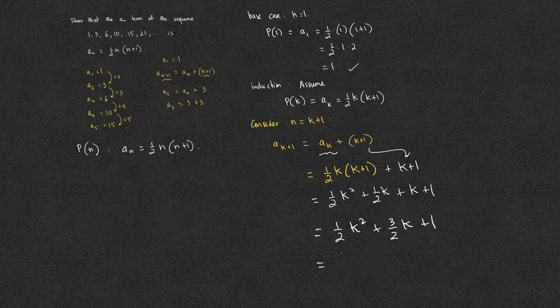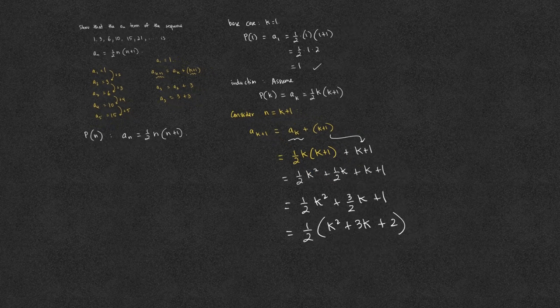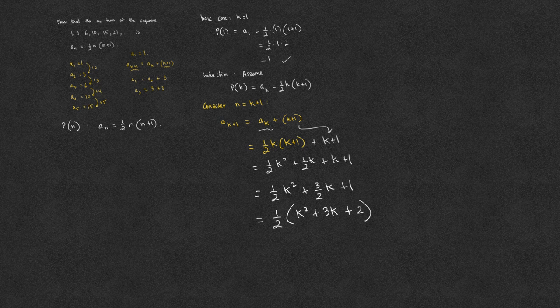We then factor out 1/2. We have k squared plus 3k plus 2 left, because 1/2 times 2 is 1. We then factor this. This is factorable: 1/2 times k plus 1 times k plus 2. Observe that k times k is k squared, 1k plus 2k is 3k, and 1 times 2 is 2.